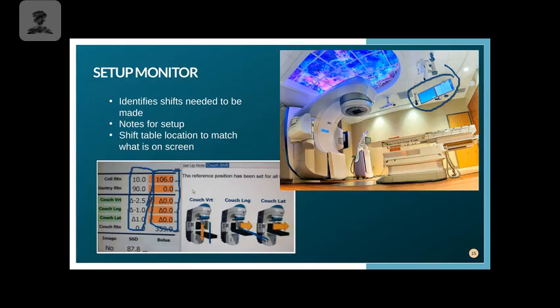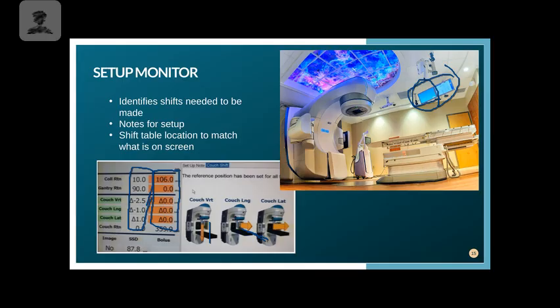Another thing is that if there are any setup notes, we can see those on the left side of the screen. It's usually just blank unless they have specific setup instructions, like check photos if we do something strange with the patient, or we'll say that they have a vac lock, they need to have their toes with a strap together.